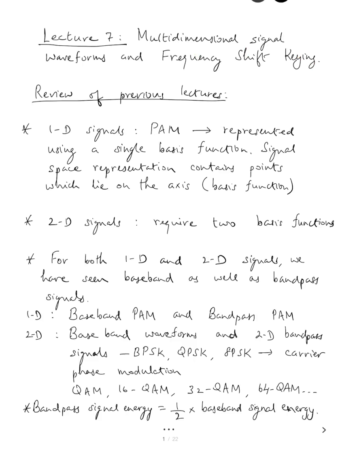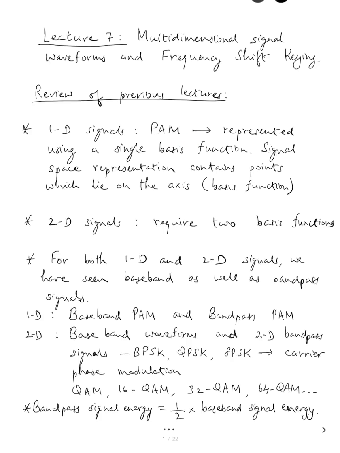Okay, but before we go into the topic of multidimensional signals, let us quickly review what we did in the previous lectures. If you recall, in the previous lectures, that is 2 weeks back, we talked about one-dimensional signals, and within that we talked about pulse amplitude modulation signals, PAM signals.